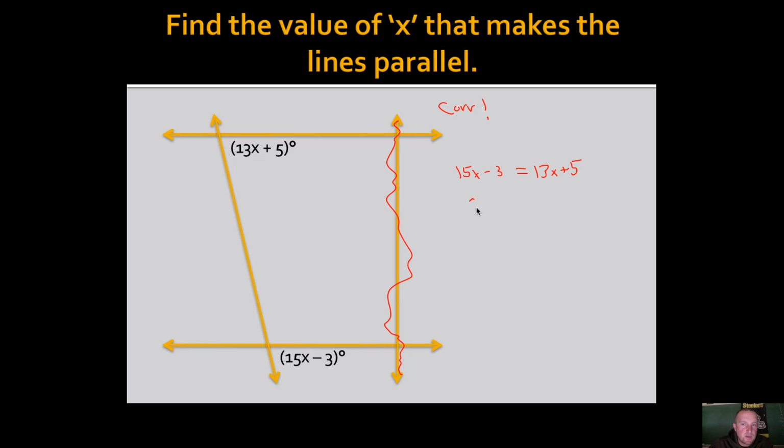So we'll subtract 13x from both sides. We'll add 3 to both sides. Divide by 2. If x is 4, these lines will be parallel.